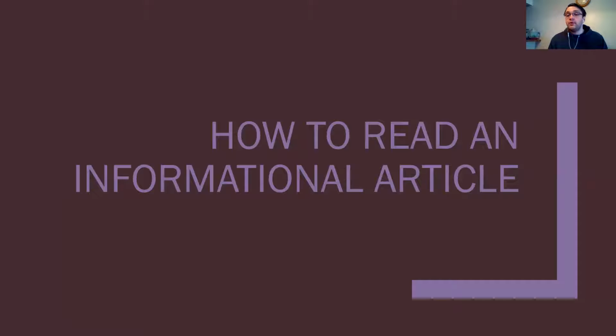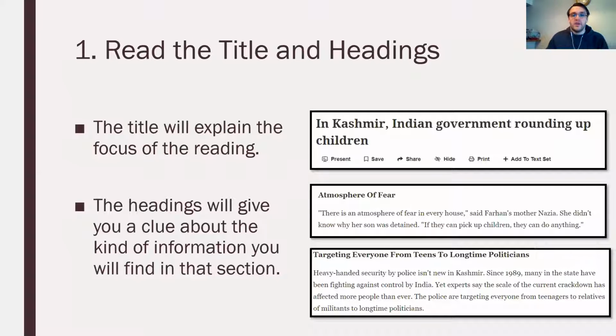So I'm going to give you and review the steps of reading an informational article. So first, you should start by reading the title of the article and the headings. The title will be found at the beginning. It is typically much larger than other text on the page, and it will help to explain the focus of the reading.